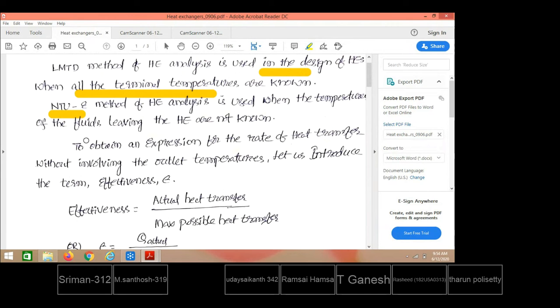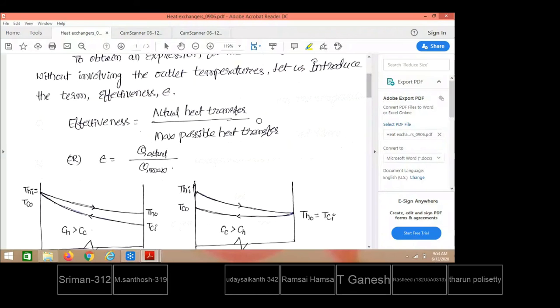Now from the definition of effectiveness for a heat exchanger, effectiveness is defined as the ratio of actual heat transfer to maximum possible heat transfer. So how do you get the actual heat transfer? By multiplying the effectiveness with the maximum possible heat transfer. The maximum possible heat transfer we get only in terms of the inlet temperatures of hot and cold fluids.